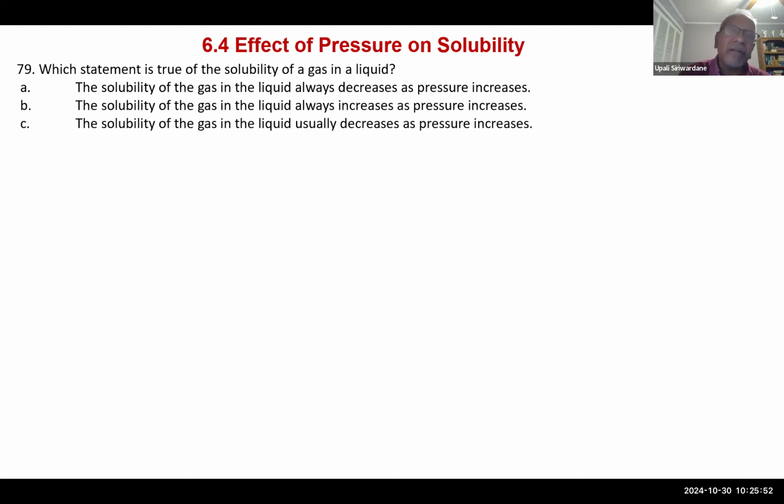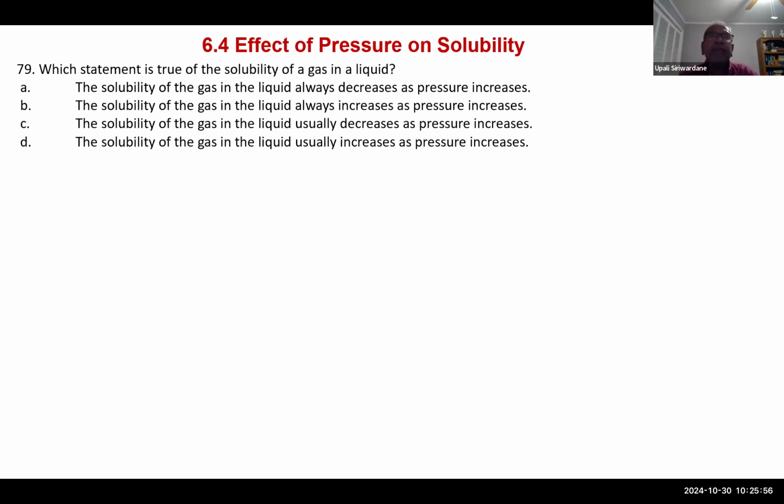That's true. Usually decreases as the pressure increases is not true. Usually increases is not true either. A is the correct answer, always increases.